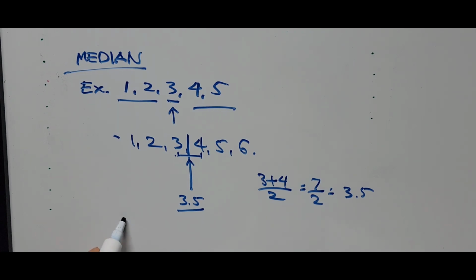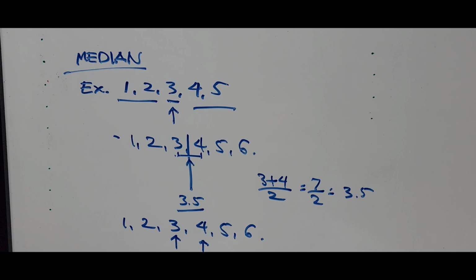So there are 6 values in the set. Now the problem will be like this. What if there is another added value that makes the median neither 3 nor 4?